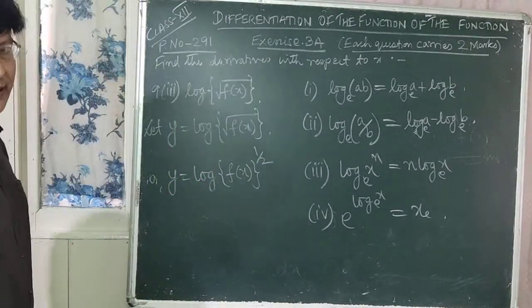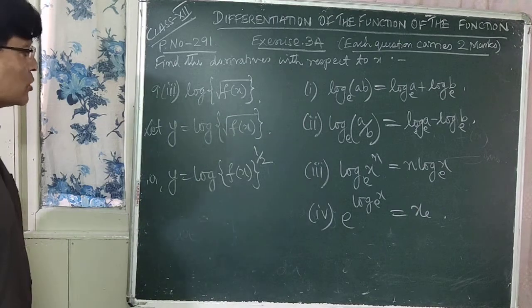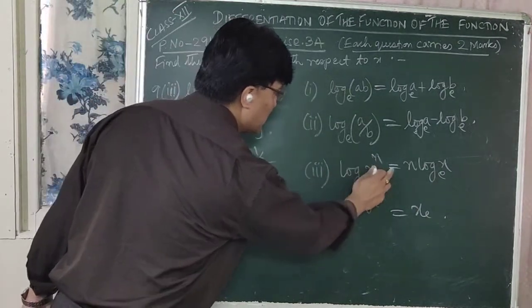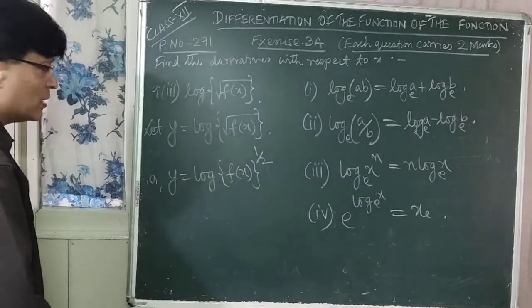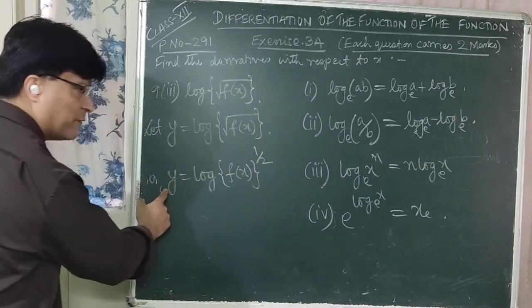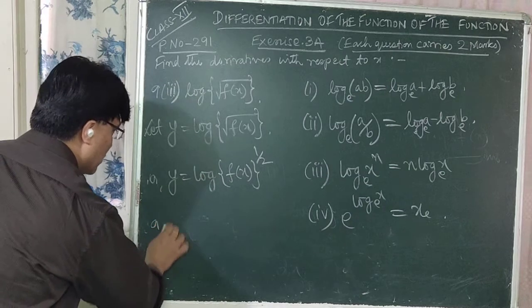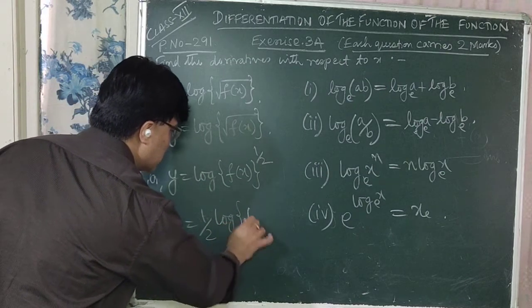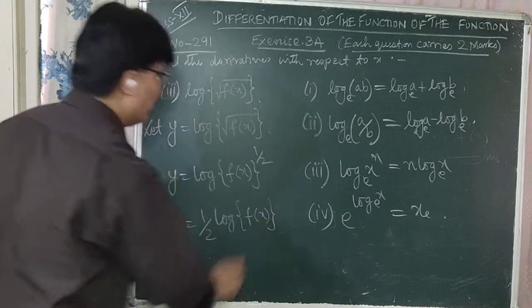You don't have to write base e. So now you can use property number 3 here, that is, log x to the power n base e is equal to n log x base e. Similarly here also half comes in the front because of this log. Or y is equal to half log of f of x.